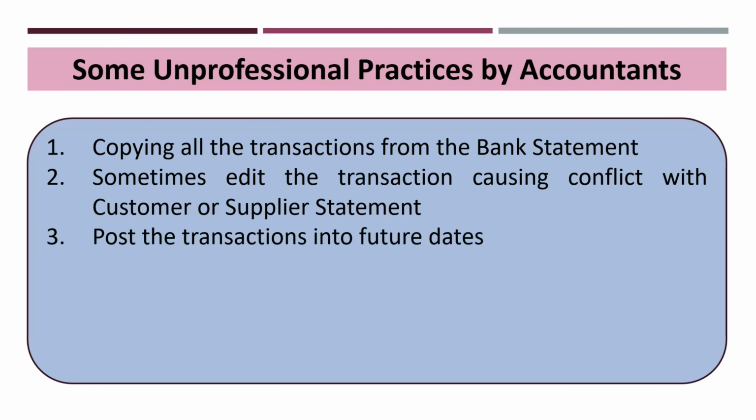Then posting the transactions into future dates. What accountants are doing is, if they have received on 10th of March one check from the customer and the check date is 15th of June, and you are in March, instead of recording that check in notes receivable or PDC checks, they will go and post that transaction on the 15th of June.